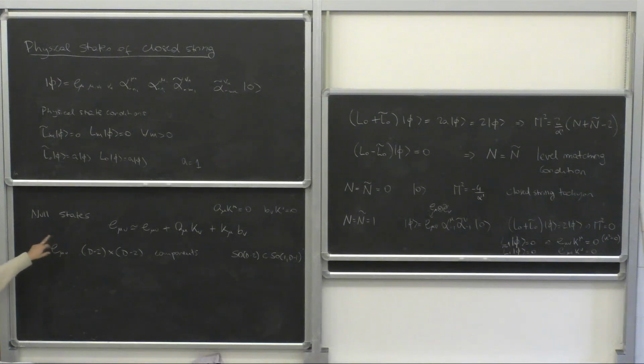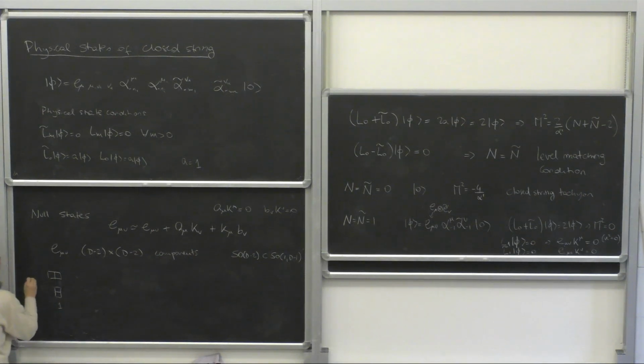Okay, so the irreducible components are what? I mean, this can be symmetric, symmetric traceless, anti-symmetric, or you can take the trace. So those are the irreducible components. If you're used to Young tableaux, it's this, and the trace.